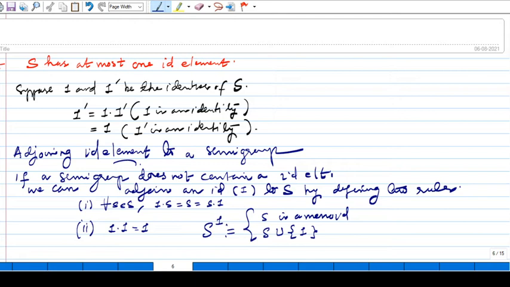Now the other definition is the zero element. What are zero elements?